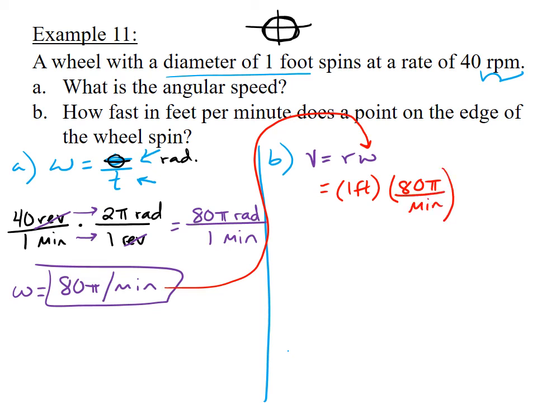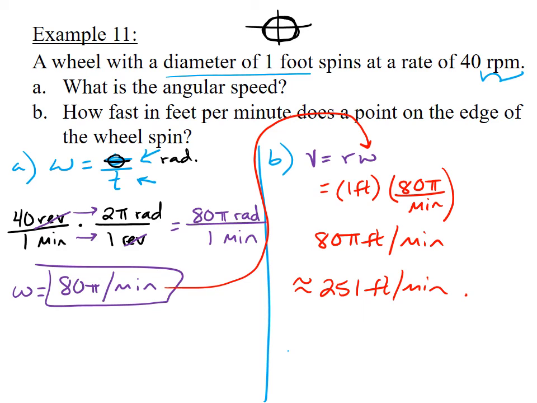And when we convert this, we end up with 80 pi feet per minute, which is a linear measurement. If we want, we can multiply this out to get 251 feet per minute.